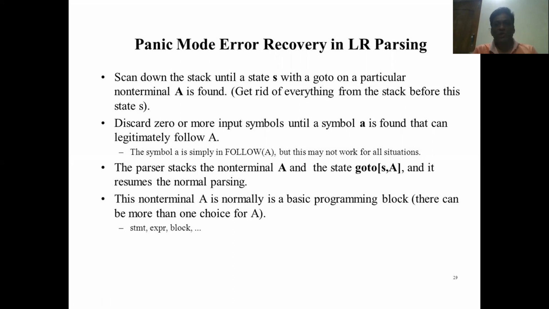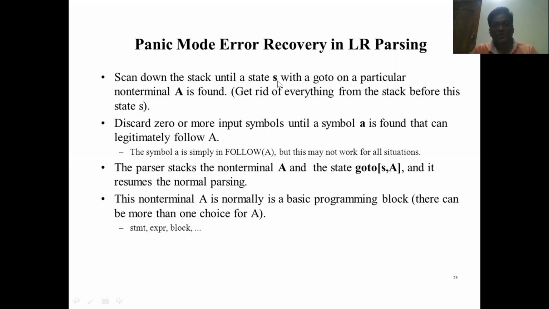So when a combination of stack and input is encountered where the action in the table is empty, then the panic mode error recovery strategy simply scans down the stack until a state s with a go-to on a particular variable capital A is found.